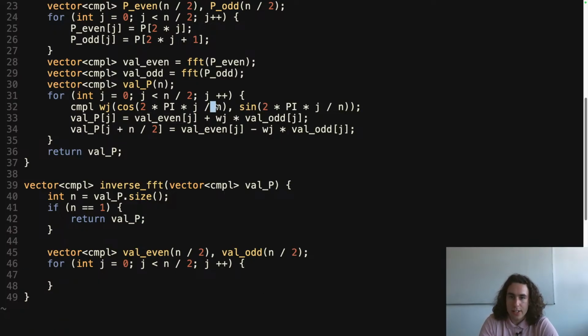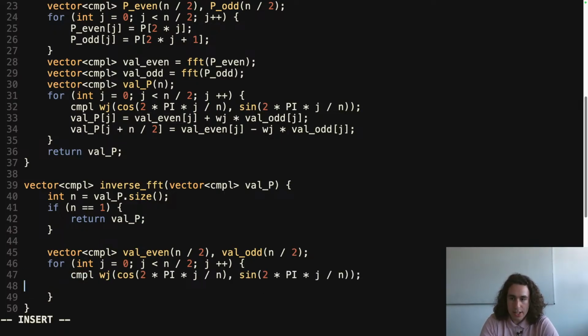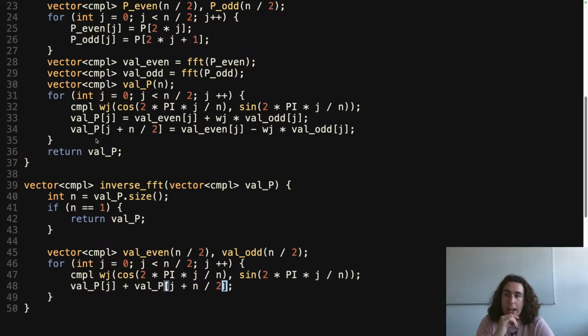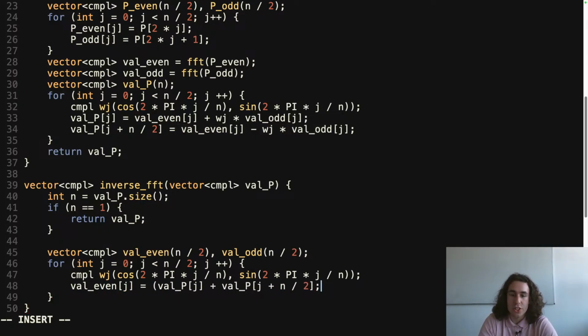So let's take our root of unity again, and let's say val pj plus val pj plus n half. What is this value? I know that this value is the sum of these, so it's going to be val even times 2. So val even j is just a half of this thing.